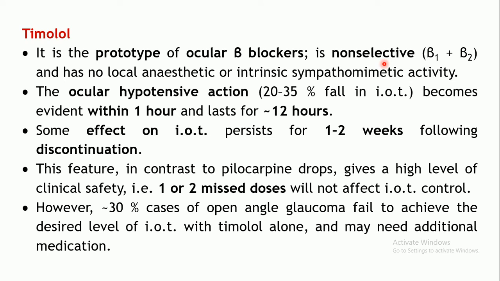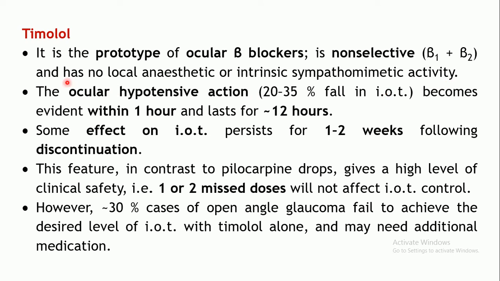This one is non-selective, that is it can block both beta 1 as well as beta 2 receptors. It has no local anesthetic property or any intrinsic sympathomimetic activity. We have seen that certain beta blockers like pindolol have intrinsic sympathomimetic activity, so they can themselves stimulate the receptors also, but such a property is lacking with timolol.